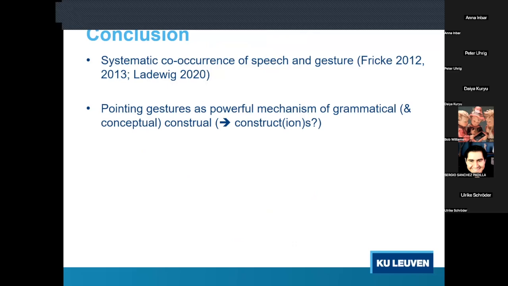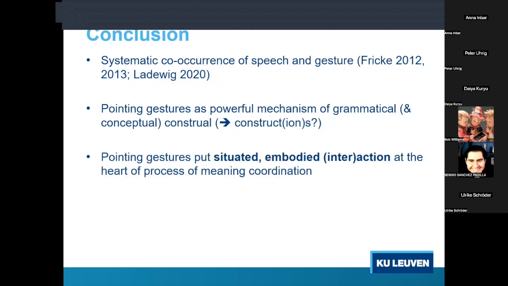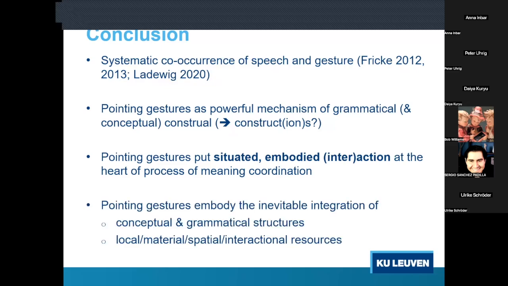So pointing gestures put situated, embodied interaction at the heart of the process of meaning coordination, right? Not as some sort of aesthetic, superfluous element which is of secondary importance. Pointing gestures really embody the inevitable integration of conceptual and grammatical structure, but also local, material, spatial, interactional resources, as we just have seen in these examples.